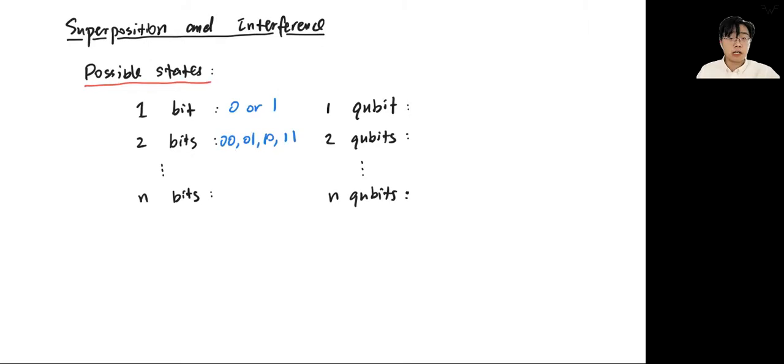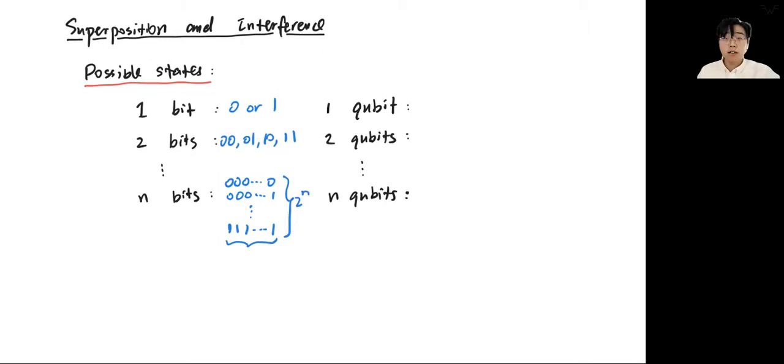Similarly, we can generalize that to n bits, from all 0s to all 1s. So with n bits, you will get 2 to the n possible states, and the bits are in one of those possible states.